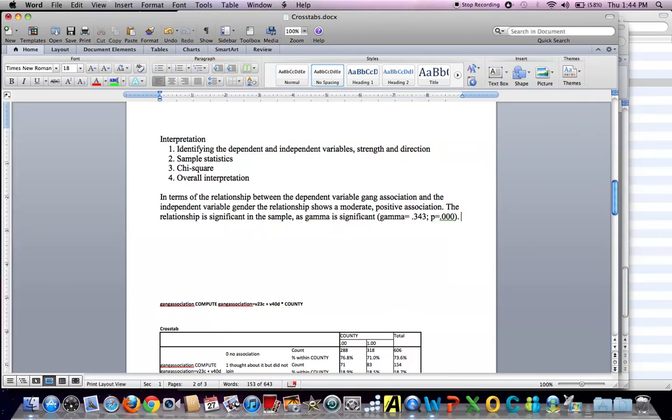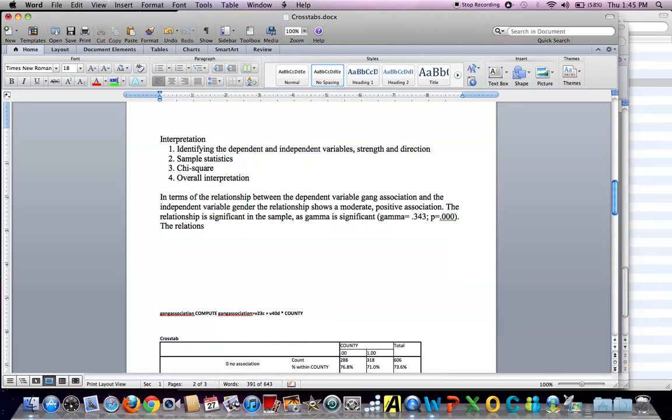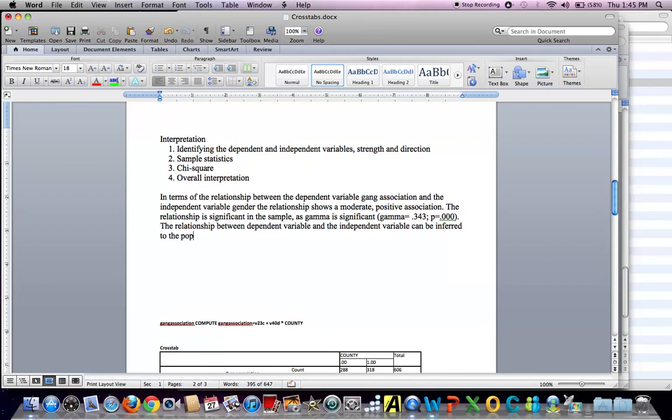So what you say is, the relationship between the dependent variable and the independent variable can be inferred to the population as chi-square is significant.